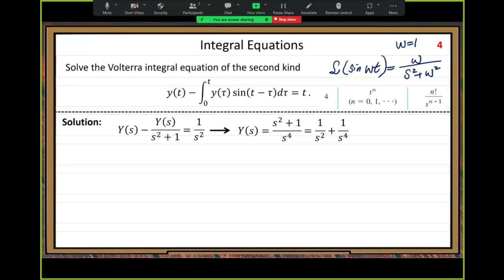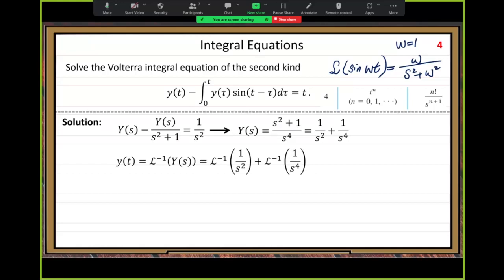We adjust the n factorial. For s squared, n equals 1. For s to the fourth, n equals 3. So we can apply this formula.